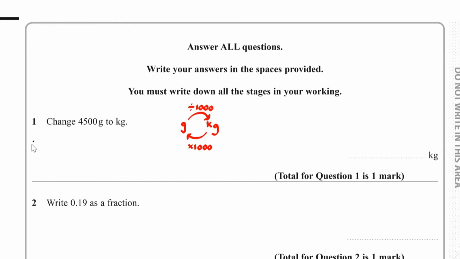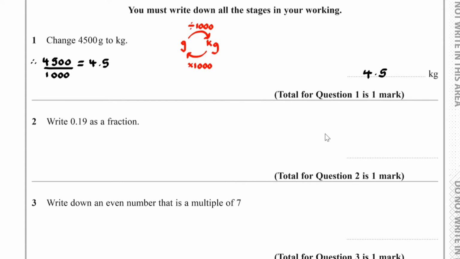Therefore we need to divide 4,500 by 1,000, leaving us with 4.5. So we have 4.5 kilograms, which is equivalent to 4,500 grams.